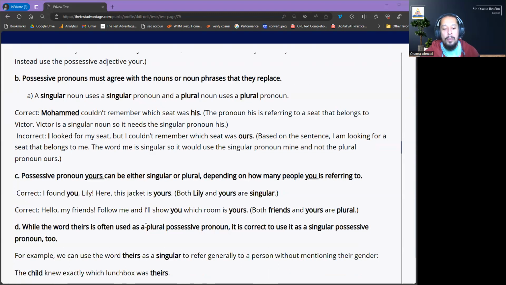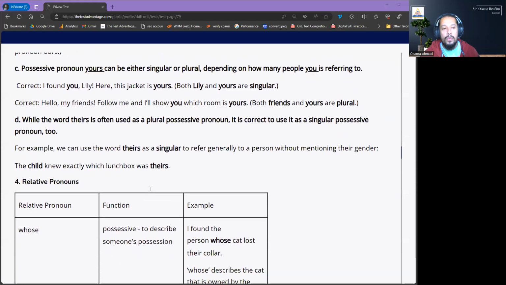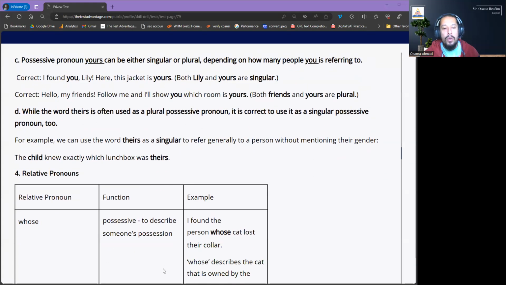Part B. Possessive pronouns must agree with the nouns or noun phrases that they replace. Again, as we said, singular noun, singular pronoun, plural noun, plural pronoun. The possessive pronoun yours can be singular or plural, depending on how many people you is referring to.